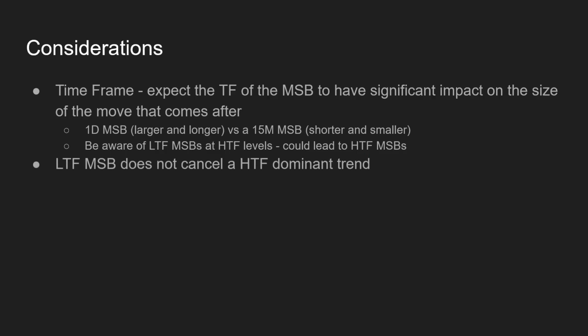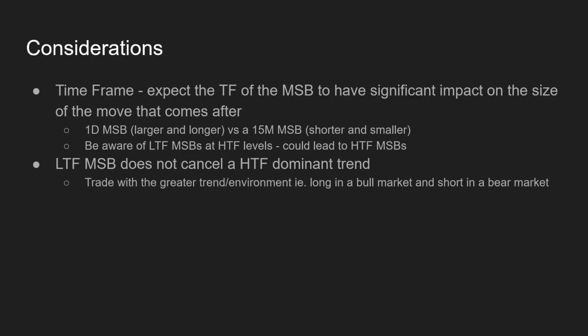Now, contrary to that, in a sense, lower time frame market structure breaks do not cancel a higher time frame dominant trend, right? Only a higher time frame market structure break can significantly impact a higher time frame dominant trend. Once again, you want to trade with the greater trend or the market environment, i.e. long in a bull market or short in a bear market.